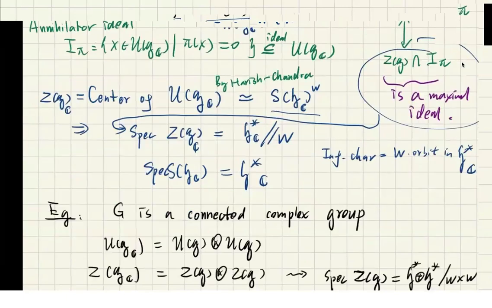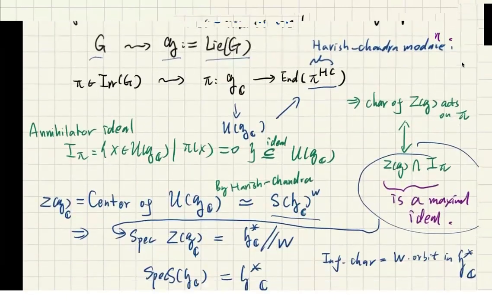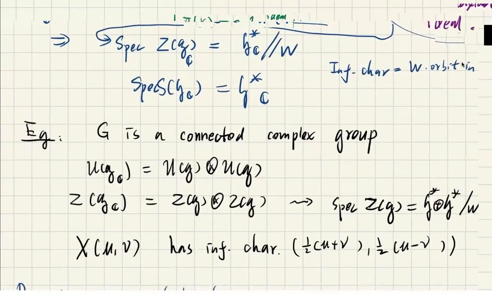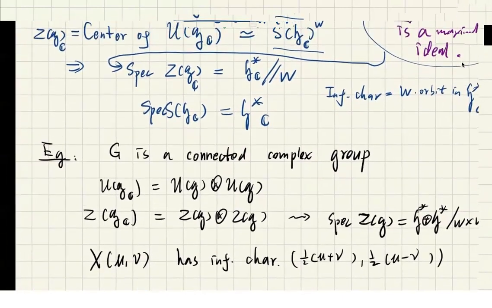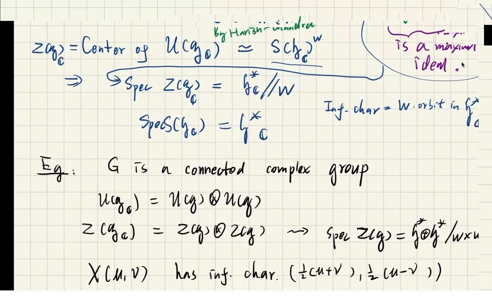Okay, so an example, as we have mentioned before: G is a connected complex group. Then g_C is actually isomorphic to g direct sum g. Okay, so this isomorphism is non-canonical, but it is an isomorphism.